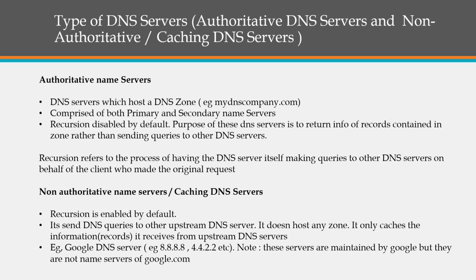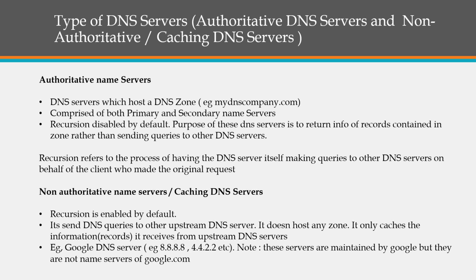It is a DNS server which hosts a DNS zone. Let's take the zone we used in our previous slides, mydnscompany.com. A DNS server which contains this DNS zone is known as an authoritative name server, or an authoritative DNS server, for this particular zone.